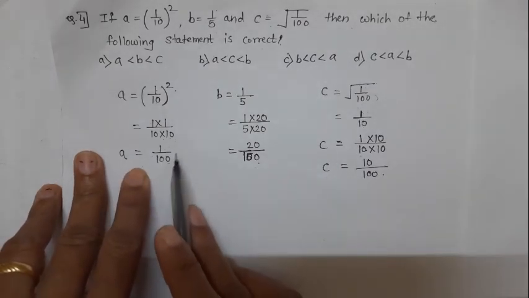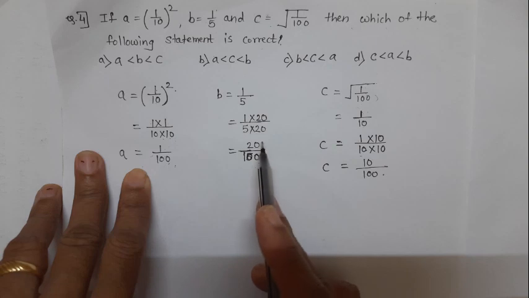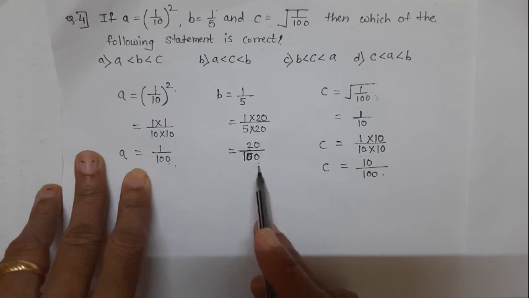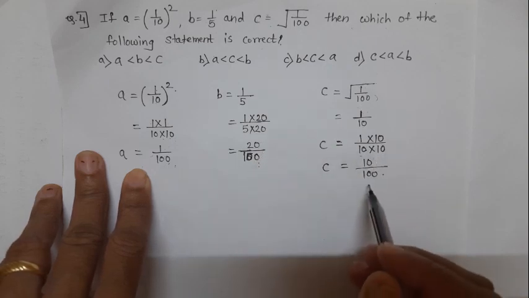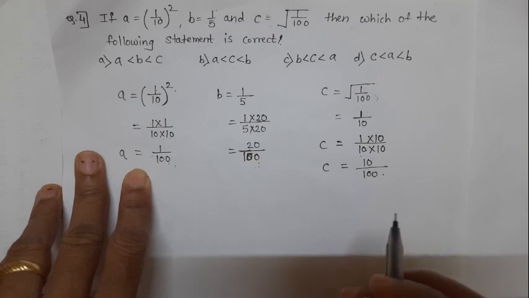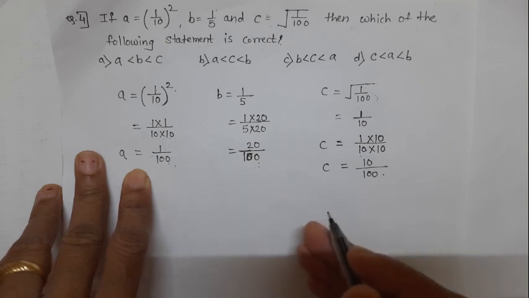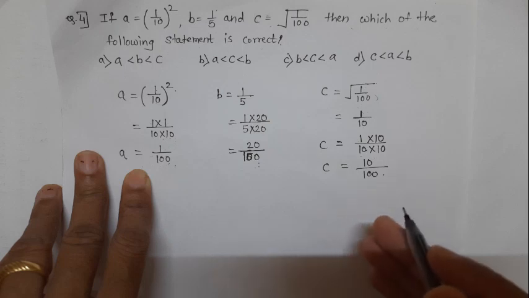So A we got 1 upon 100, B we got 20 upon 100 and C we got 10 upon 100. So now what do we have to do? We will arrange in ascending order.